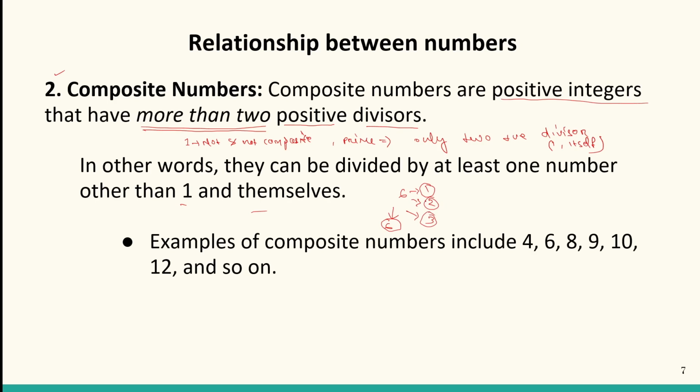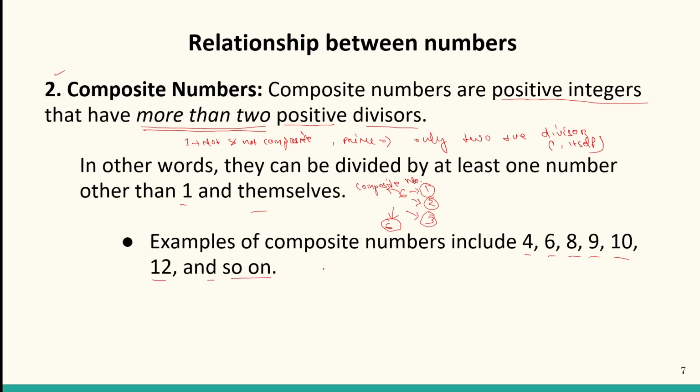Not only these but also these two divide 6. That is why 6 is a composite number. The examples of composite numbers include 4, 6, 8, 9, 10, 12, and so on.